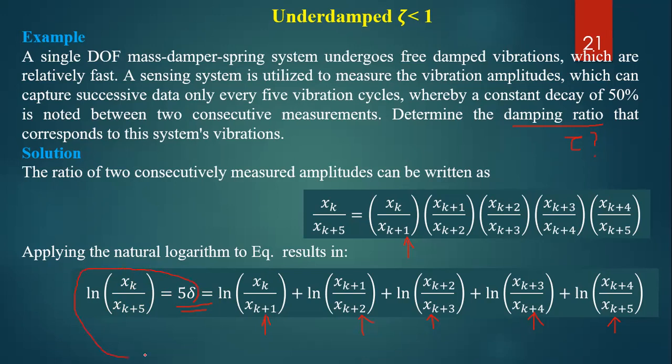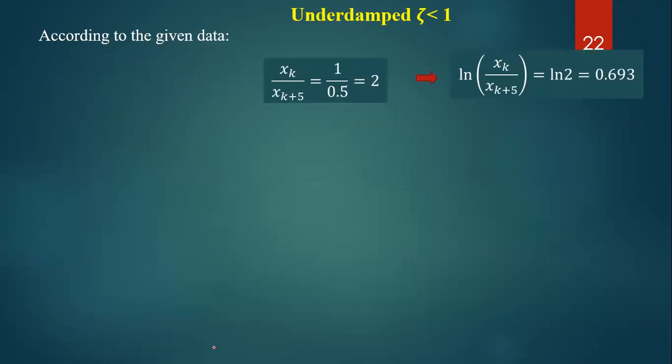Let's take this term and go to the next equation. So xk over xk plus 5 is equal to 1 over 0.5, which means 2. After the fifth successive amplitude, the ratio is equal to 2.